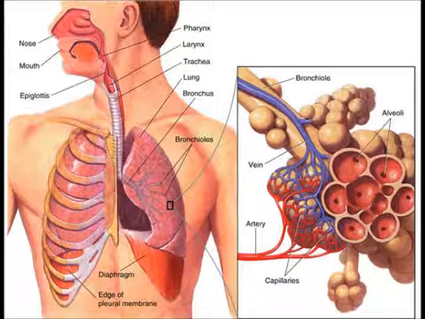Respiratory rate? Let me write it right here. You need to know those for your exam. You need to know the diaphragm, when it contracts, what happens to your pressure, what goes up, what goes down, the same process as I told you about.